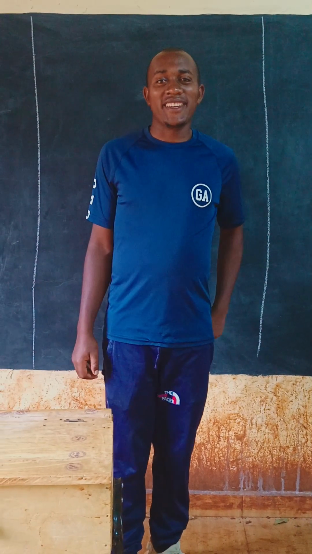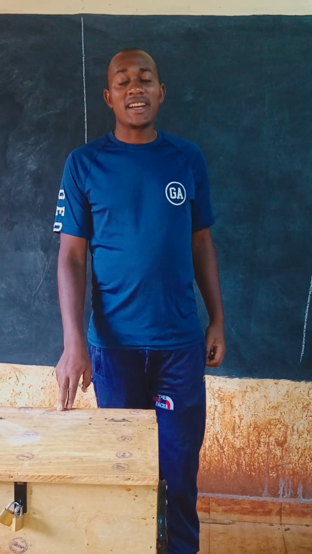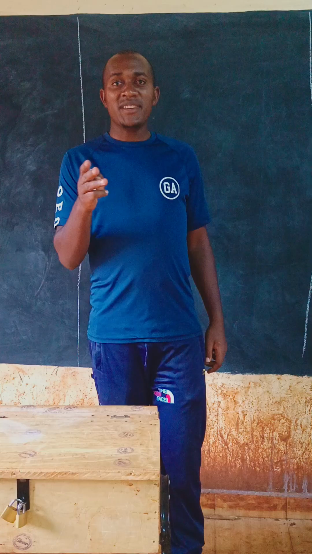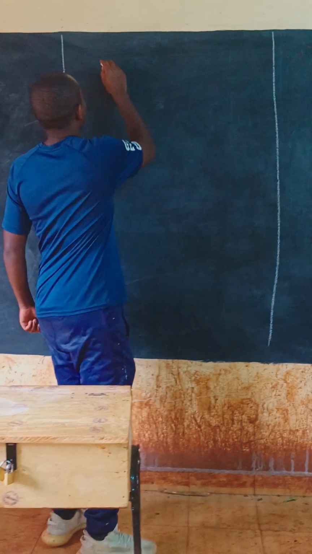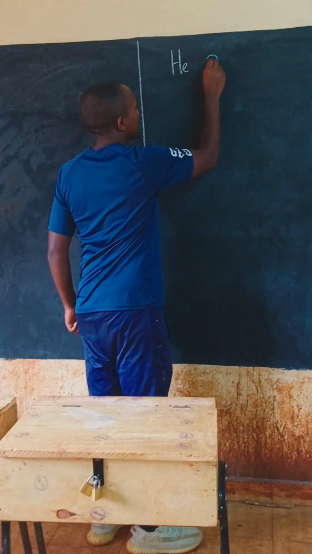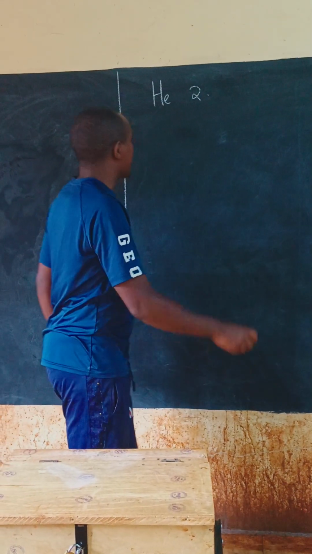Hello guys, welcome again. In our last class, we looked at some of the elements that have a stable electronic arrangement. Elements that do not lose or gain electrons. We said we have helium having an electron configuration of 2. It does not lose or gain electrons.